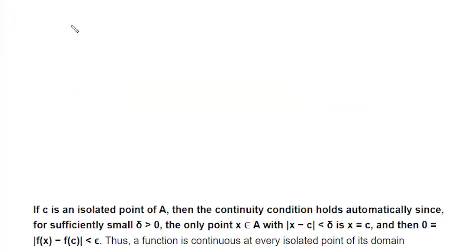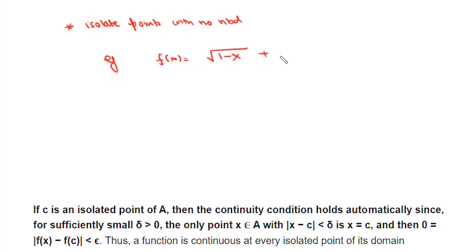Now there will be some functions which will contain isolated points with no neighborhood. Say for example, we have this function f(x) which is defined by under root of 1 minus x plus under root of x minus 1.